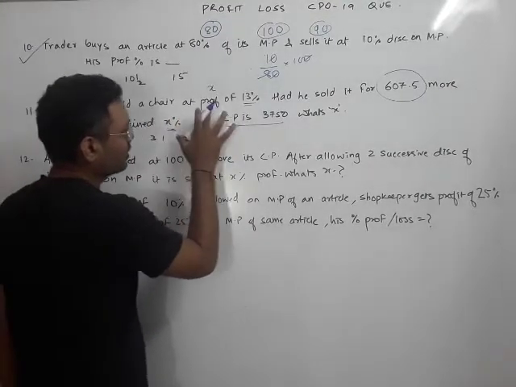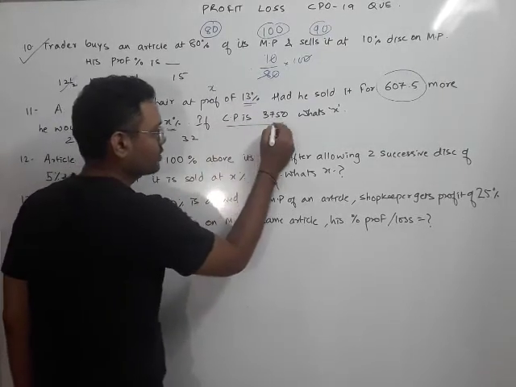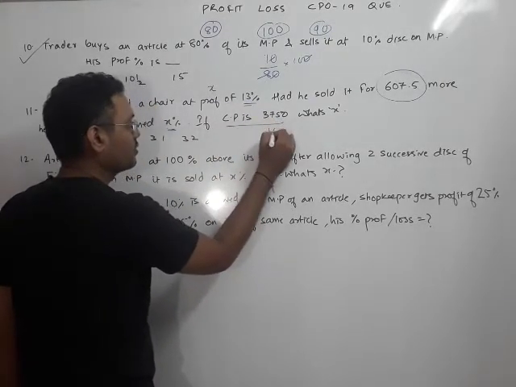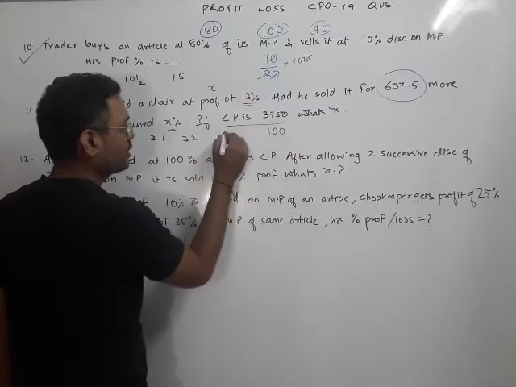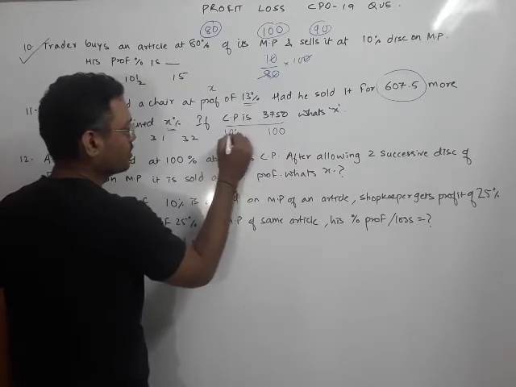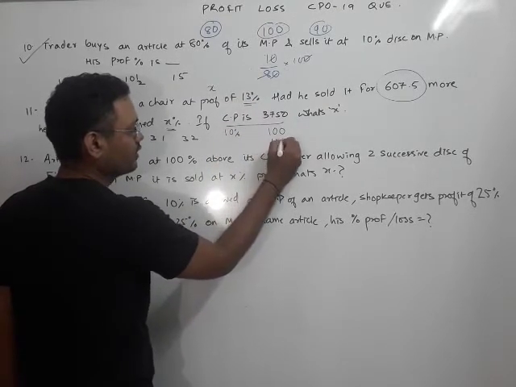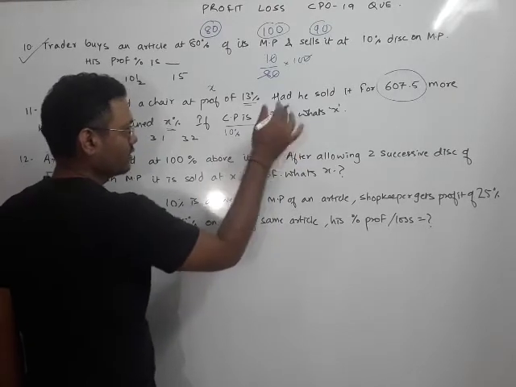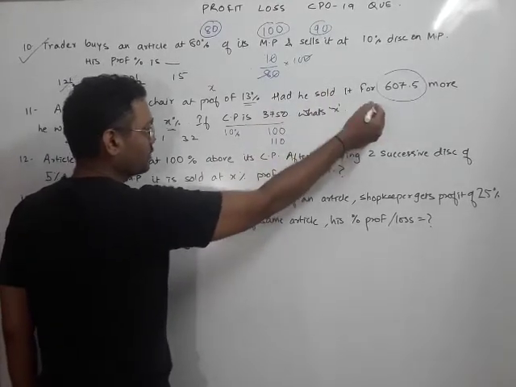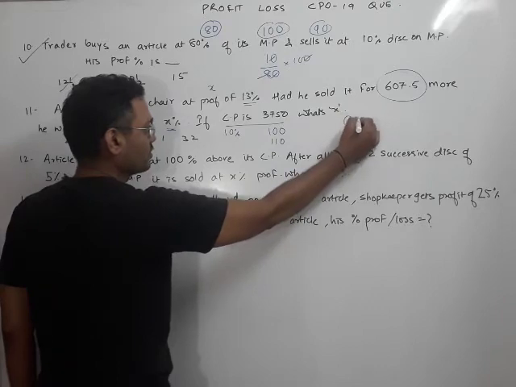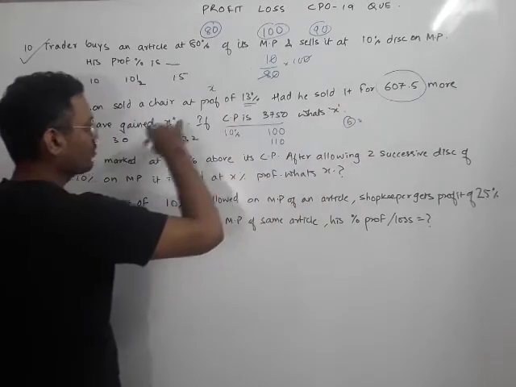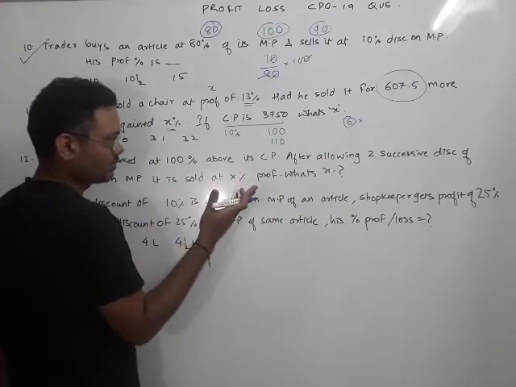person who's selling at a profit of 13%, like this is cost price, I am saying 100 rupees is my cost price, 10% is my profit, so I am selling it at 110. Question says, had I sold it for 6 rupees extra, then what would have been an increase in my percent?